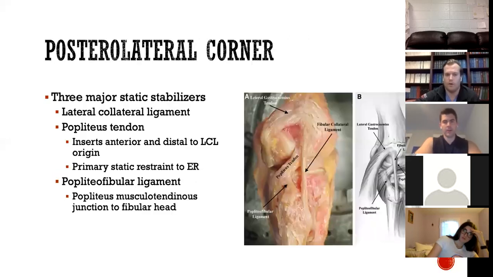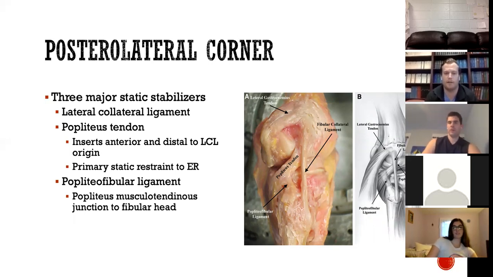In addition to our 4 main ligaments about the knee, we also have to talk about the posterolateral corner, which is actually a complex of 3 major static stabilizers about the knee. We have the lateral collateral ligament, which in this diagram is also labeled as the fibular collateral ligament. It's the same thing with 2 different names.